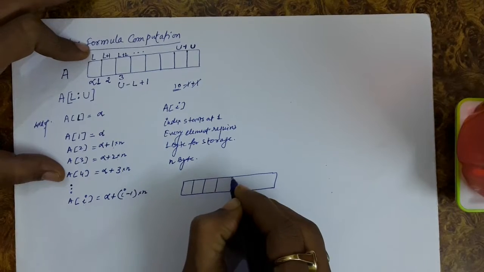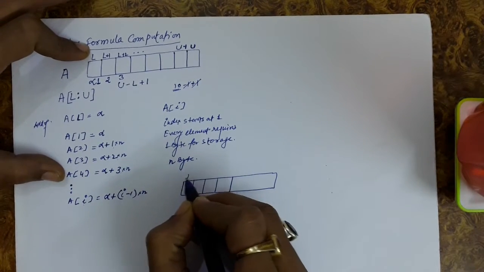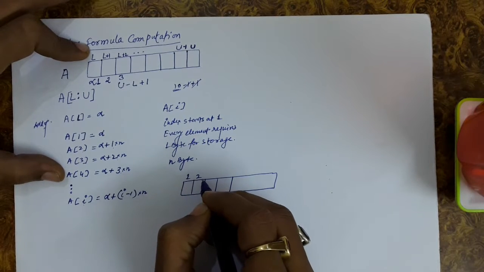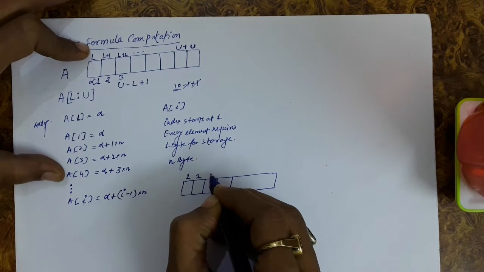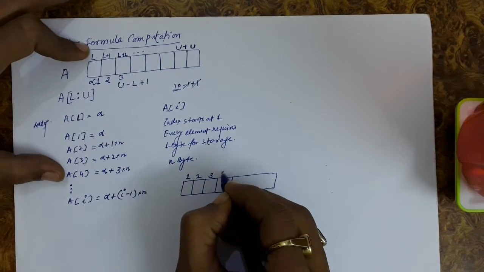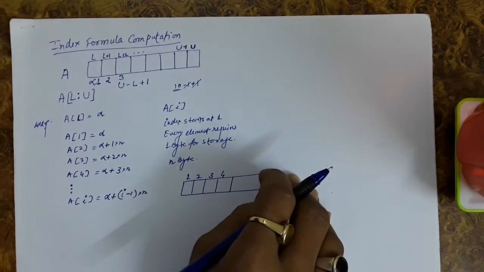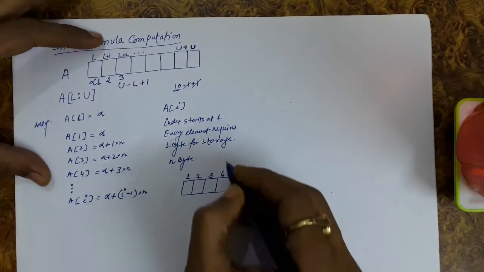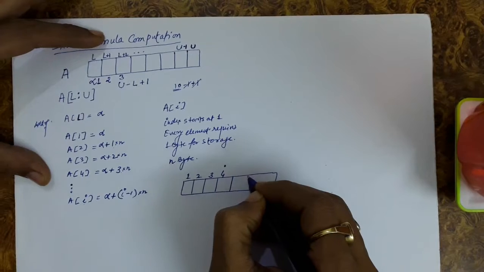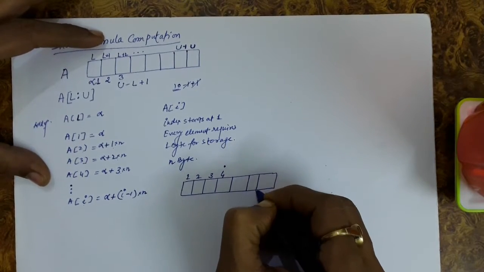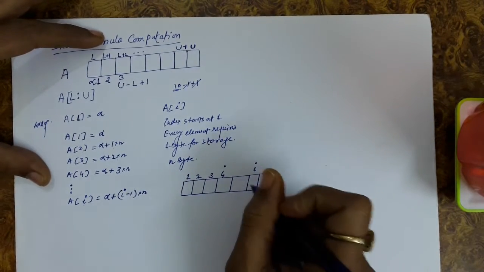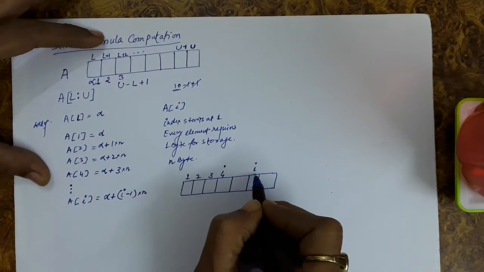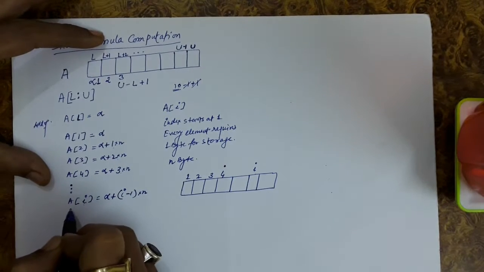If the array starts from index 1, then the first element is at index 1, the second element at index 2, the third element at index 3, the fourth element at index 4. And if we want to find the ith element, the index of the ith element is i, which means the ith element is Ai.